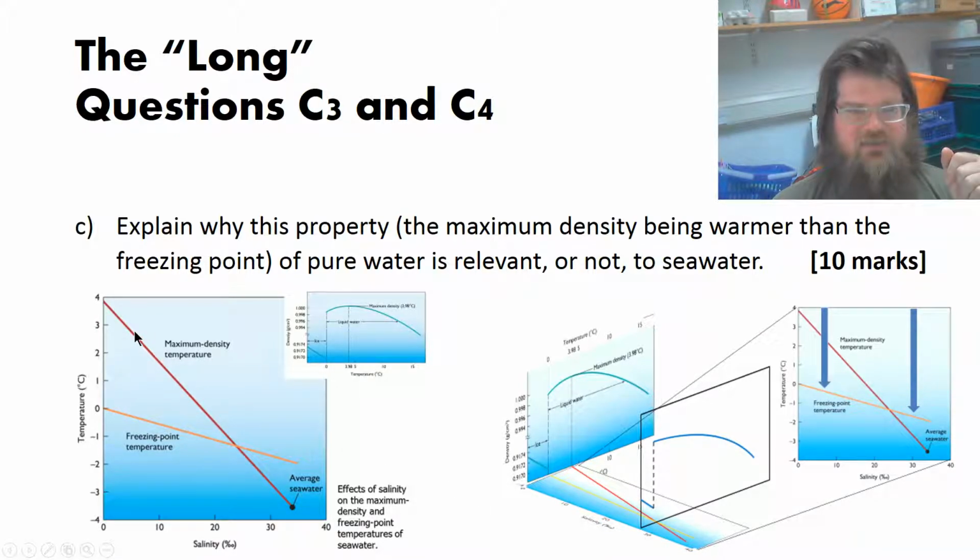As you increase the salinity, the temperature at which maximum density occurs decreases. So when you get to around 25 parts per thousand of salinity, this density maximum occurs at the freezing point.